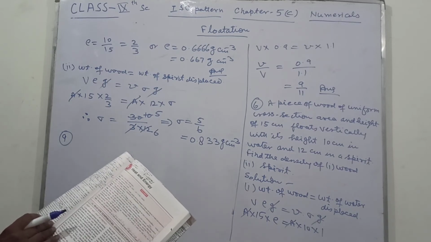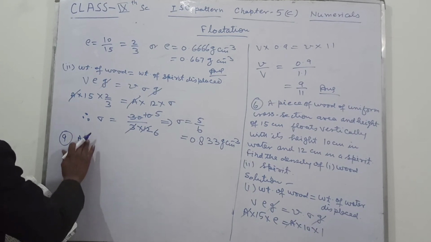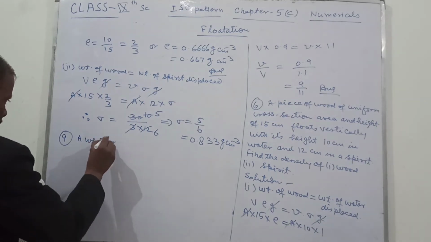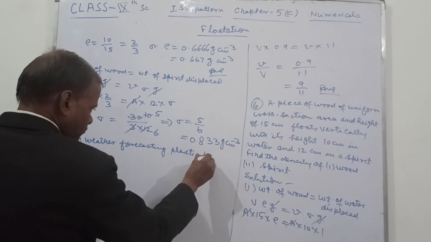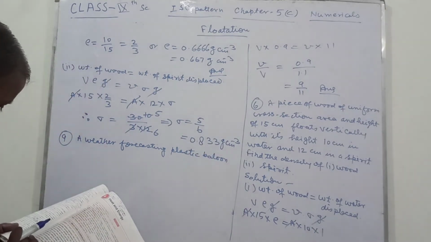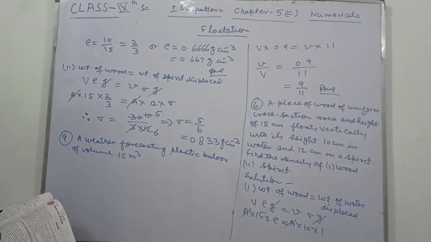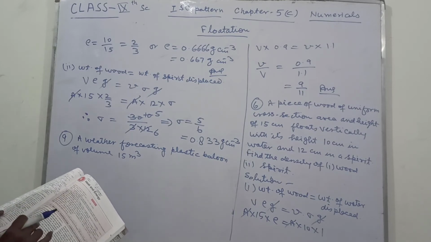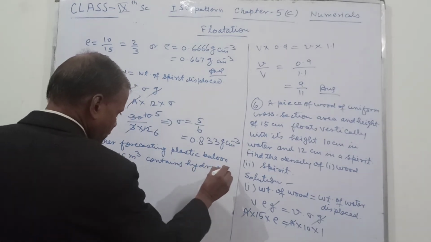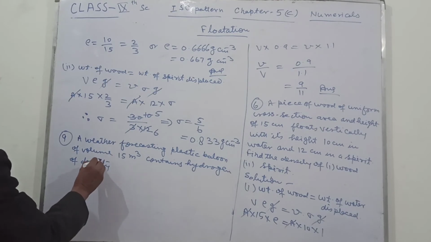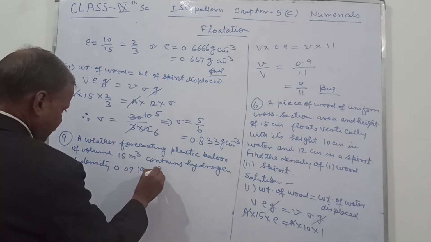You are given that a weather forecasting plastic balloon of volume 15 meter cube contains hydrogen of density 0.09 kilogram per meter cube.